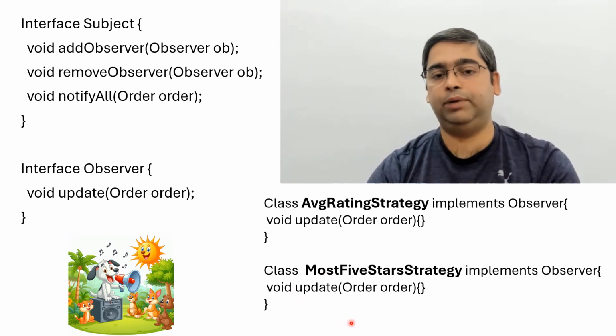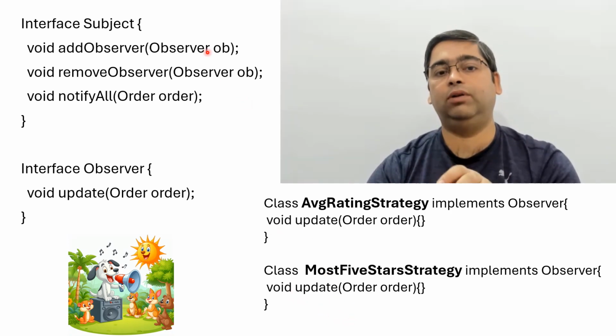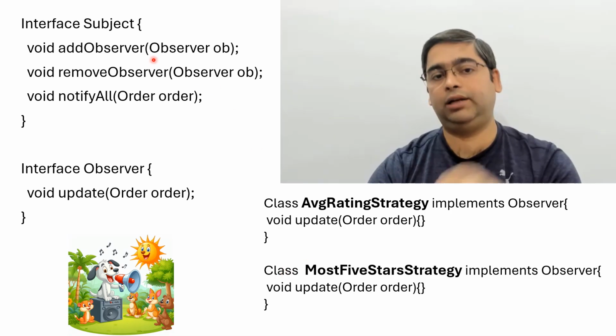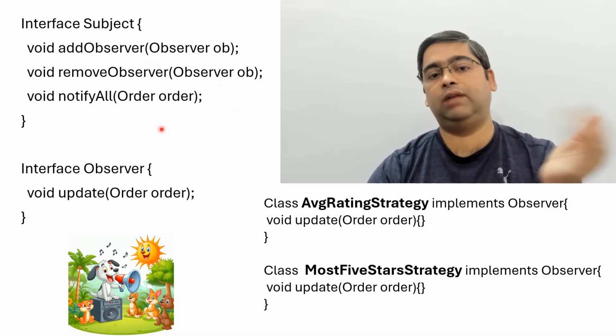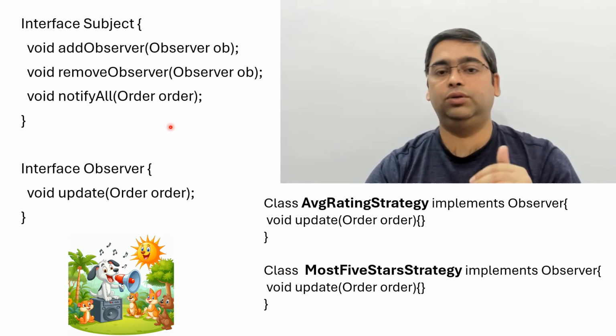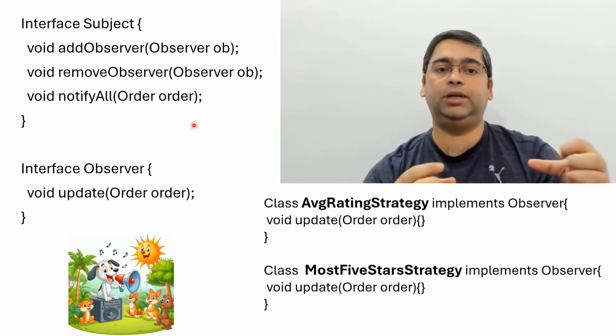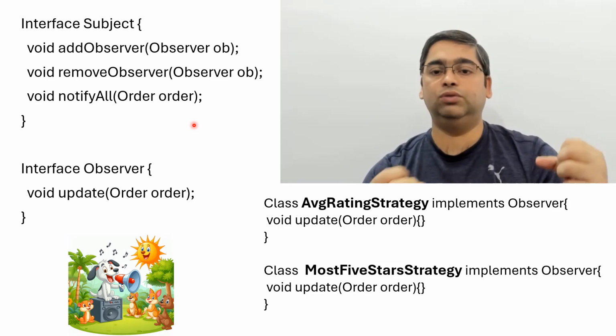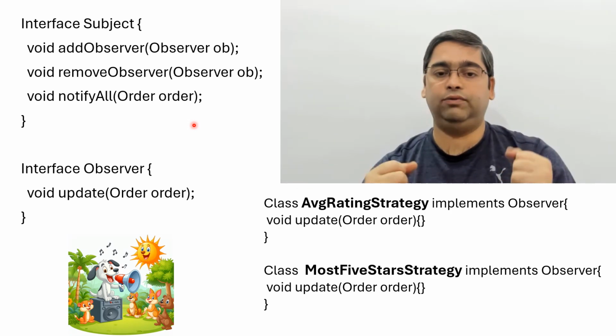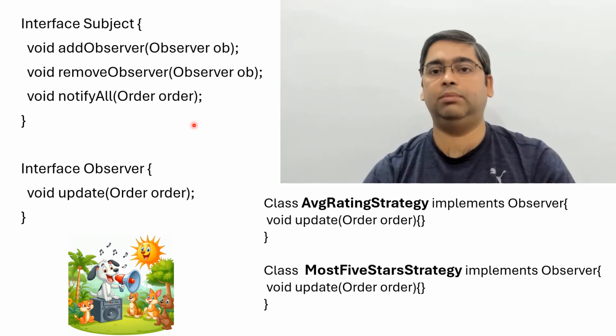It will have the update method, and at runtime it will call add observer with its object and get added to the subject, and will start receiving updates. So you see both the classes, the subject where data is getting changed and the observers, are loosely coupled, and we have the benefit of extension and readability.